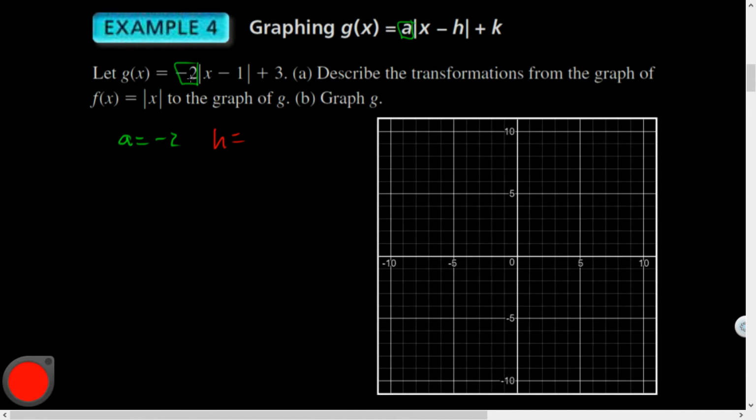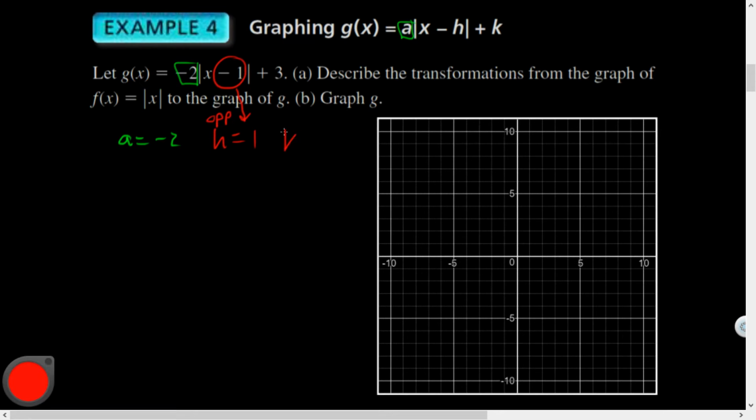Absolute value makes negative numbers positive, but this negative number is on the outside of the absolute value. Let's see, h. What's h going to be? Now, it's of the form x minus h, so it's actually going to be the opposite of -1. So be careful of that. The h one is tricky.